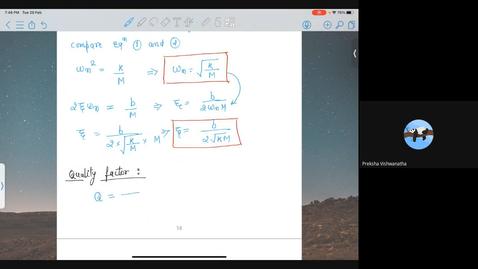So the quality factor can be written as 1 by 2 times zeta.